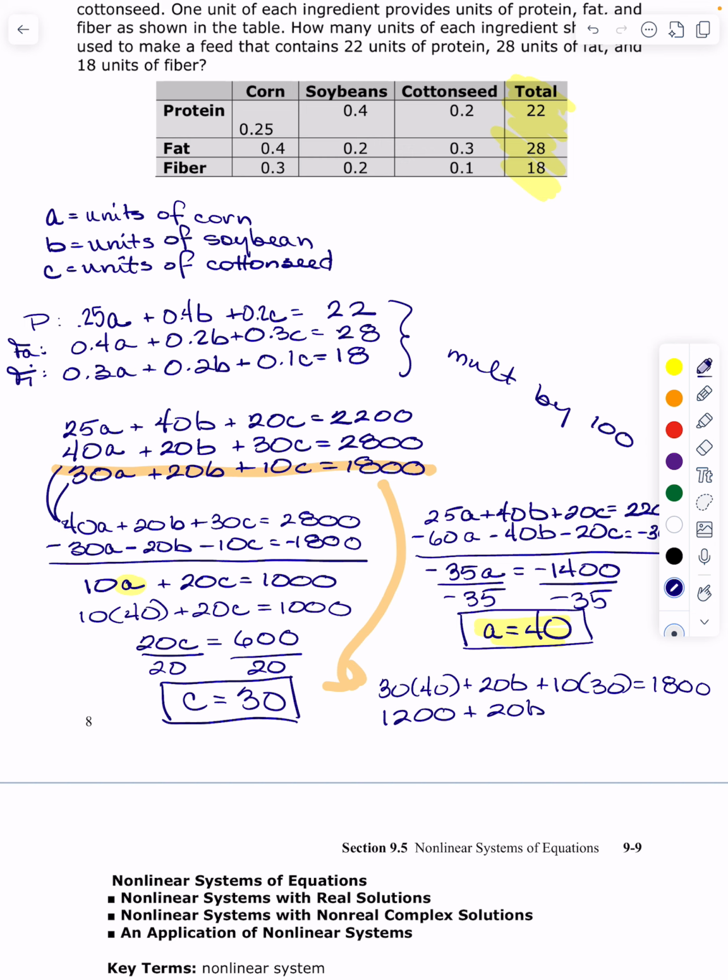I got 1,200 plus 20B plus 300. 1,200 plus 300 is 1,500, which we subtract from the 1,800, and we get 20B equals 300. B equals 15.